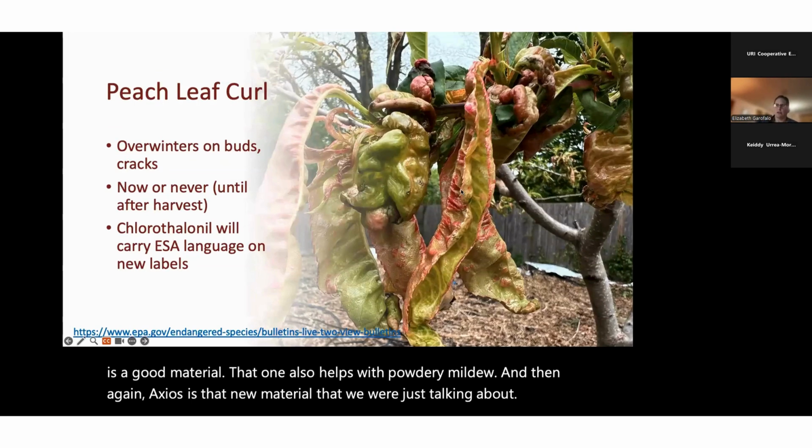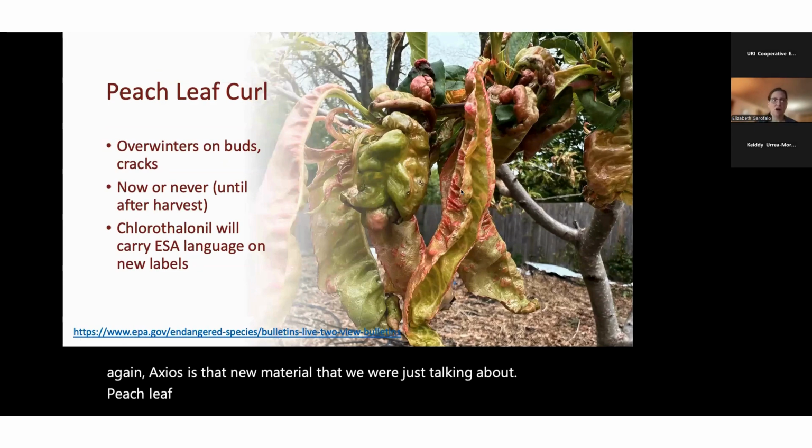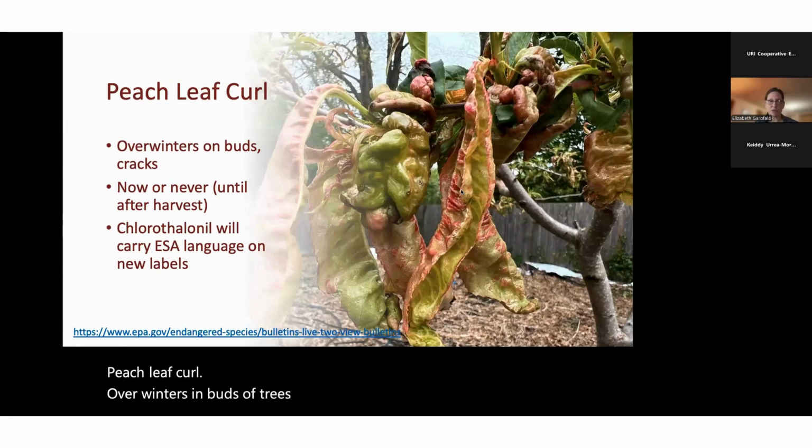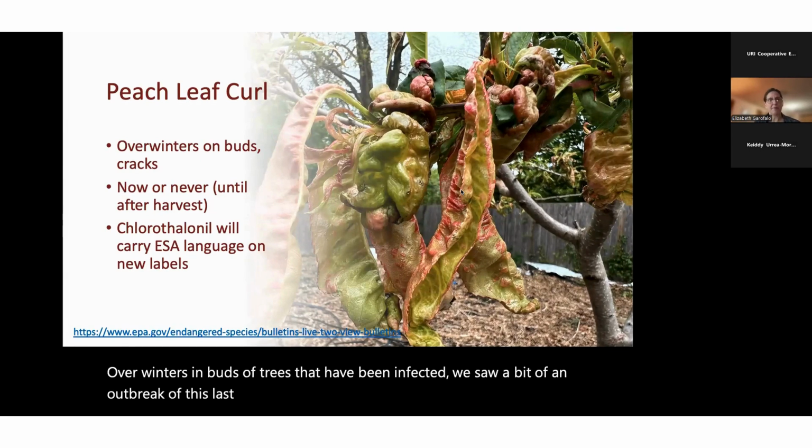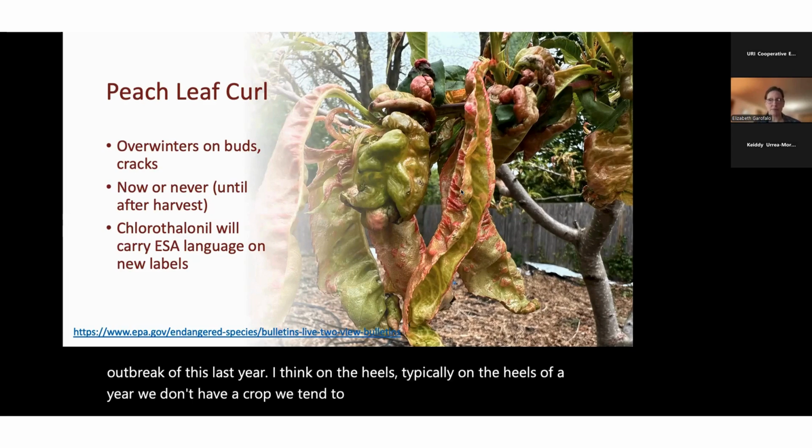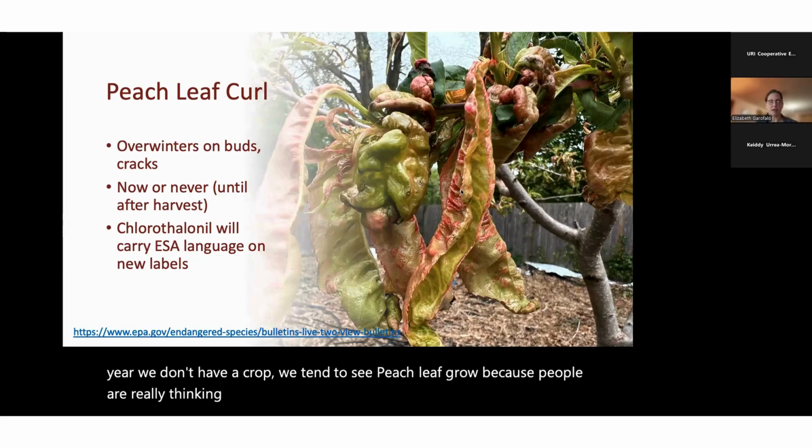Peach leaf curl overwinters in buds of trees that have been infected. We saw a bit of an outbreak of this last year. I think it typically comes on the heels of a year where we don't have a crop, we tend to see peach leaf curl because people aren't really thinking about disease management.